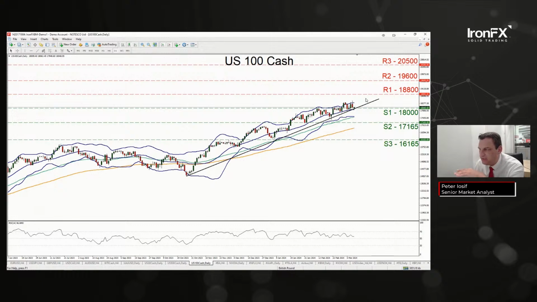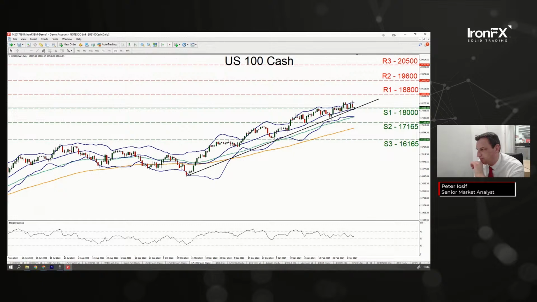So for the time being though, and as long as the upward trend line remains intact, I would maintain a bullish outlook and set the next target at 18,800. But once again, a small warning here that we see tendencies for stabilization of the index.